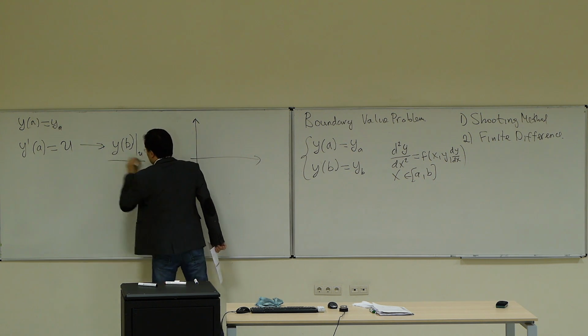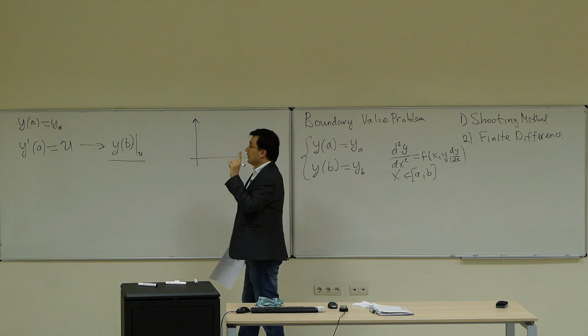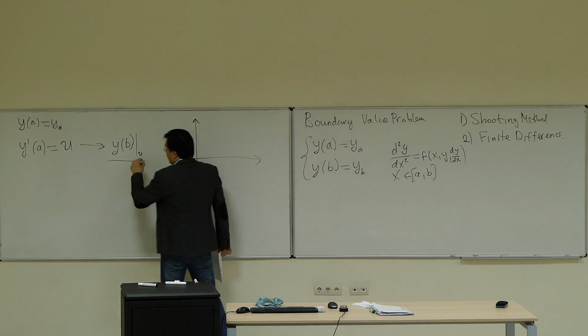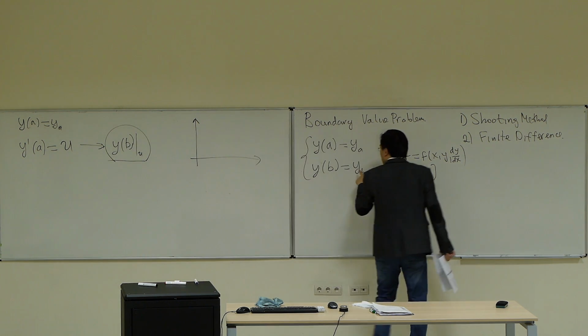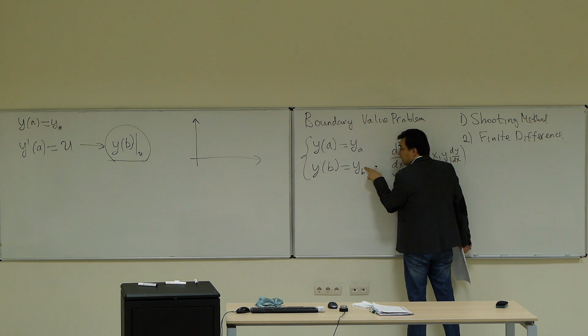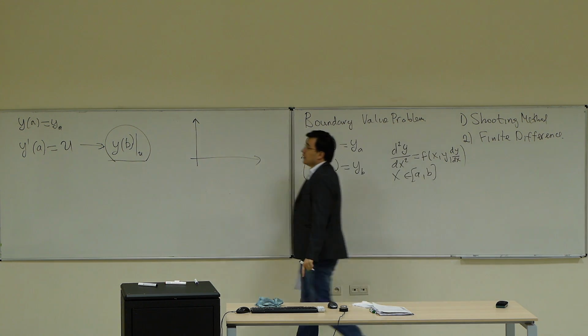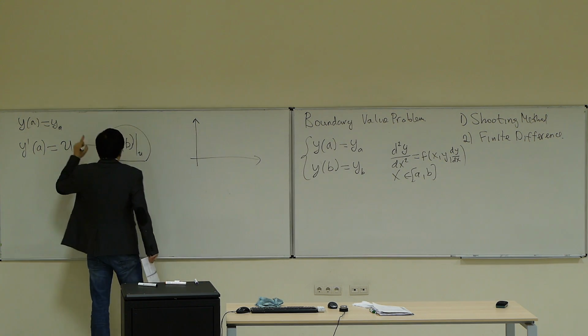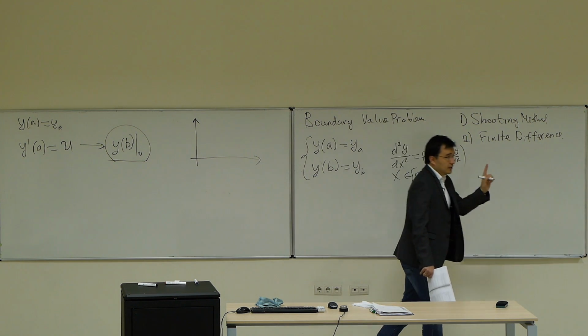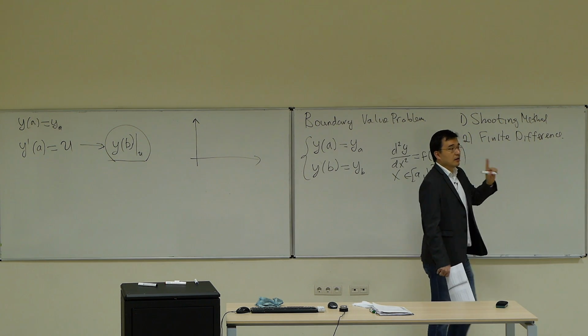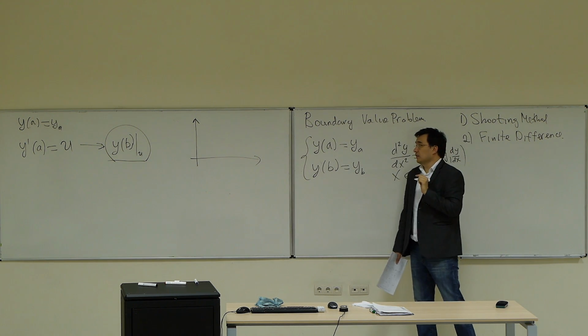Then I compare whether what I got is the same as what is given. If they are the same, it means I guessed right and got the correct result. If they are not the same, I'll keep trying different values. That's the main idea of the shooting method.